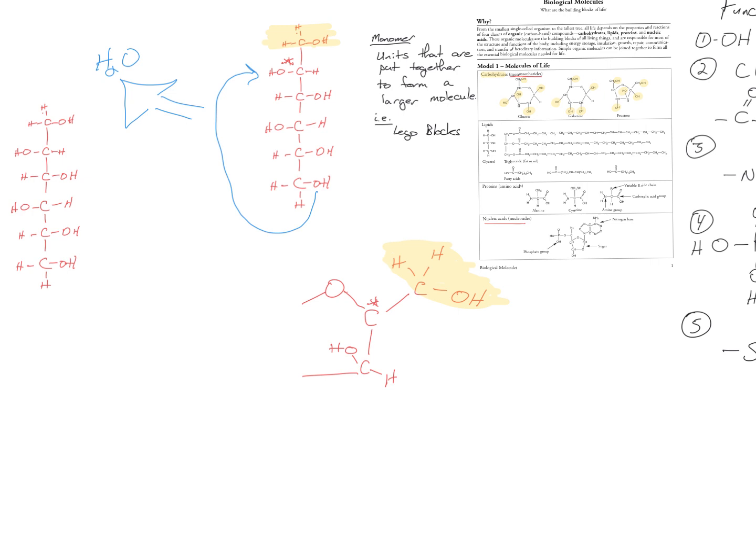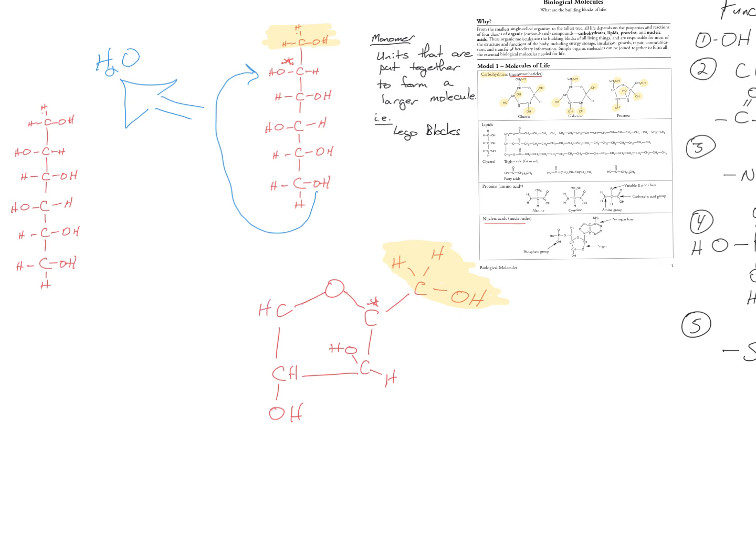What we can do is draw it like this, CH, just to save space on the drawing. And of course it still has this hydroxide, and it goes up, and it's bonded to a carbon that has a hydrogen.